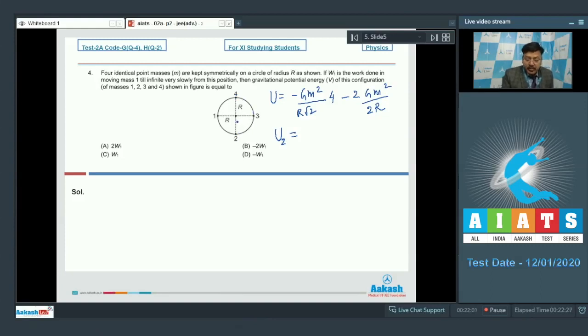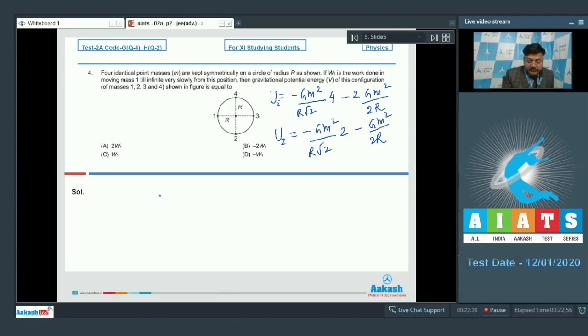So the gravitational potential energy in that case is minus G m square by r root 2 into 2, because there are 2 pairs like this, and minus G m square by 2r. Okay, now we can give it a name, Ui, it is better.